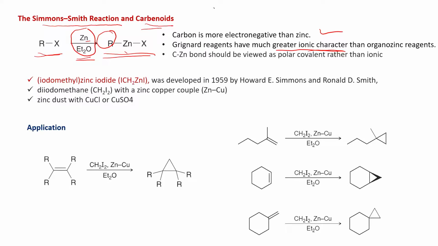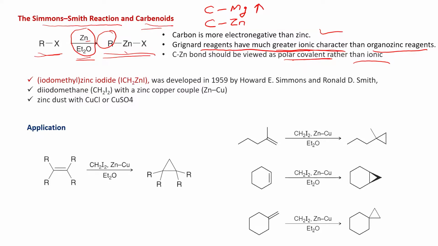We know the difference in electronegativity of C and Mg is high, so Grignard reagent has greater ionic character, but the difference in electronegativity of carbon and zinc is less, so organozinc reagent is not ionic in nature. It is much more polar covalent rather than ionic.